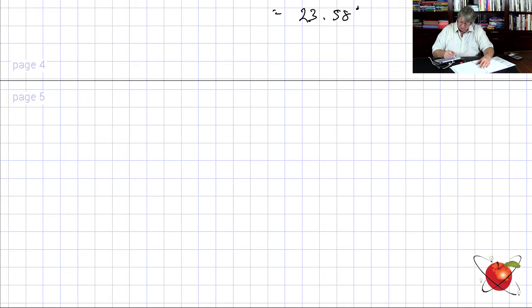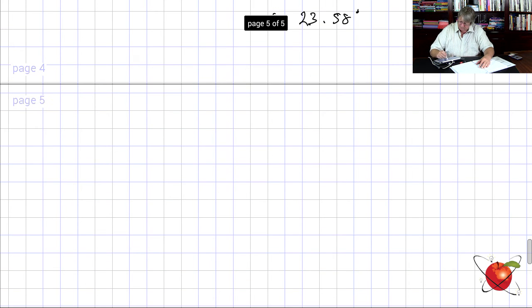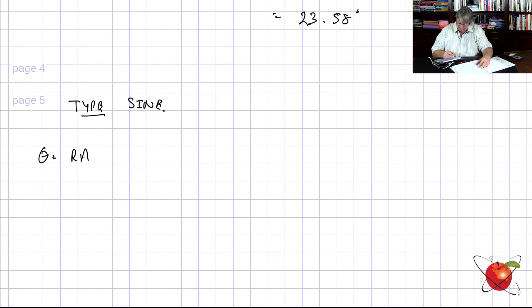So therefore, decide type. It's a sine. Therefore, theta is going to be equal to reference angle plus 360 degrees K, and theta is going to be equal to 180 minus reference angle plus 360 degrees K.